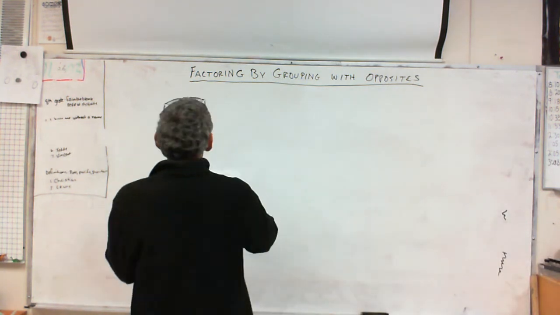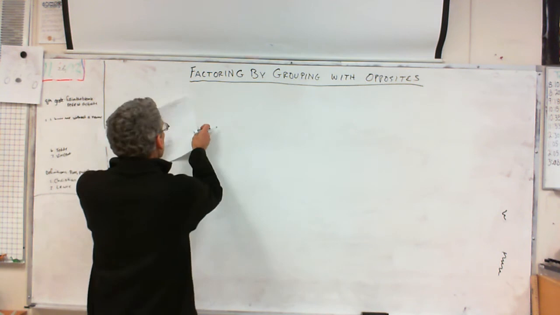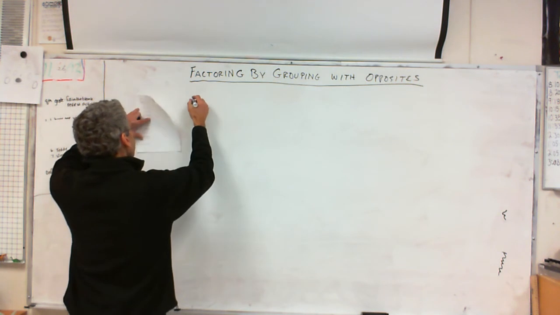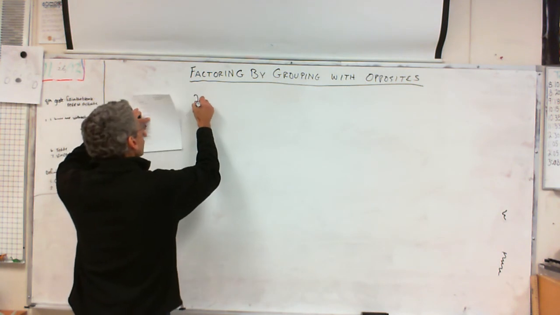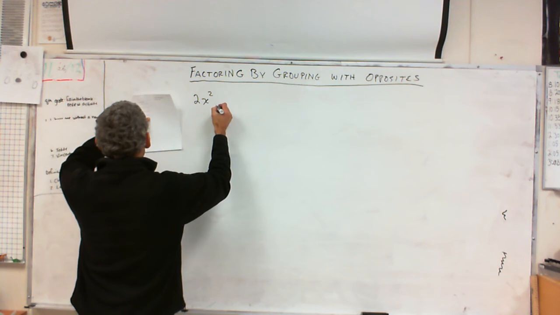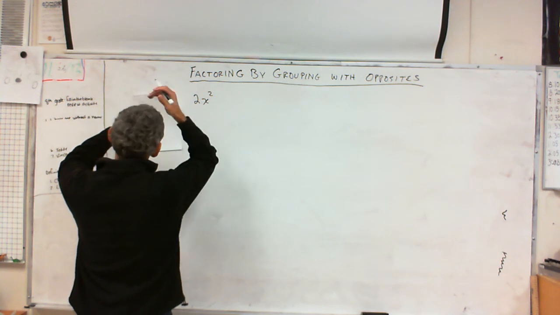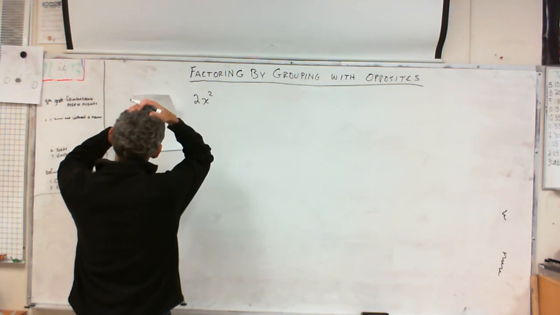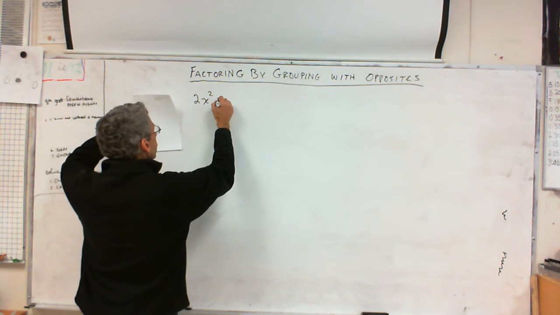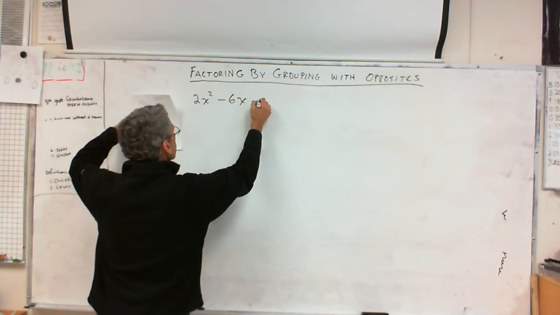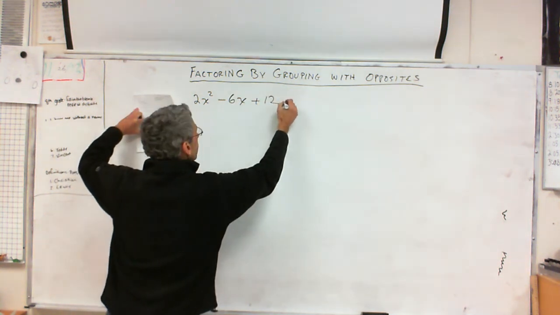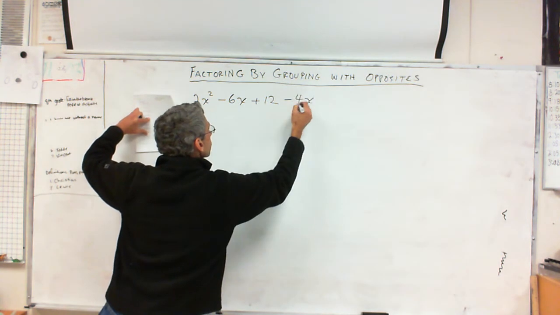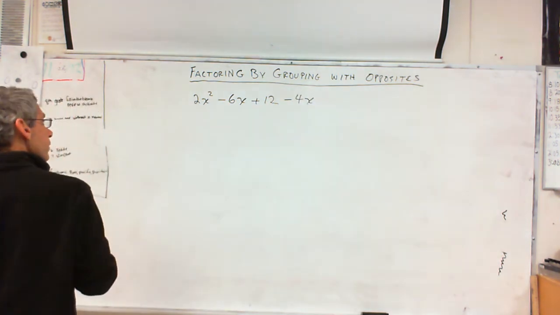So, if I gave you a problem like this, 2x squared... Let me think about this for 1 second. Whatever. 6x minus 6x plus 12 minus 4x. Write that down.